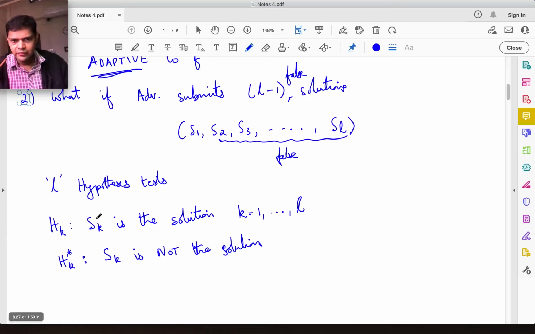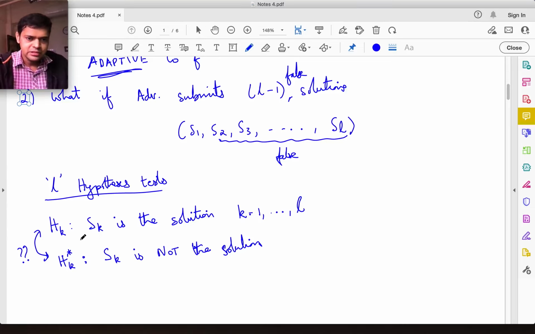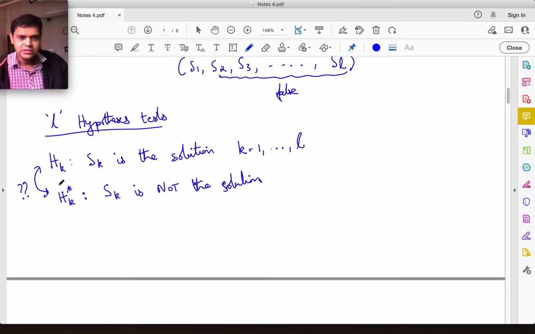Okay, so we have L hypothesis tests, and we are trying to say which of these two at any time is correct. Previously we just had a single hypothesis test, and now we have L pairs of hypothesis tests, and we want to say which of these is correct. Okay, so as we get into the details, it will be clearer.